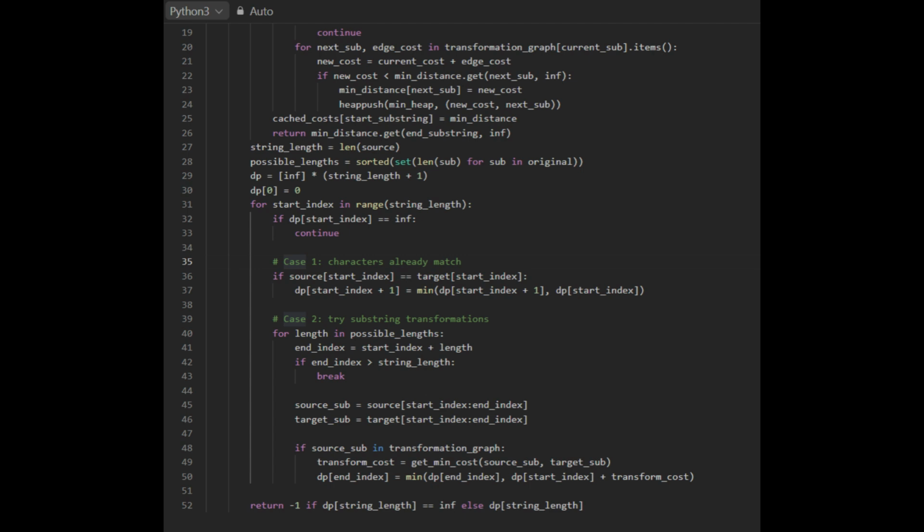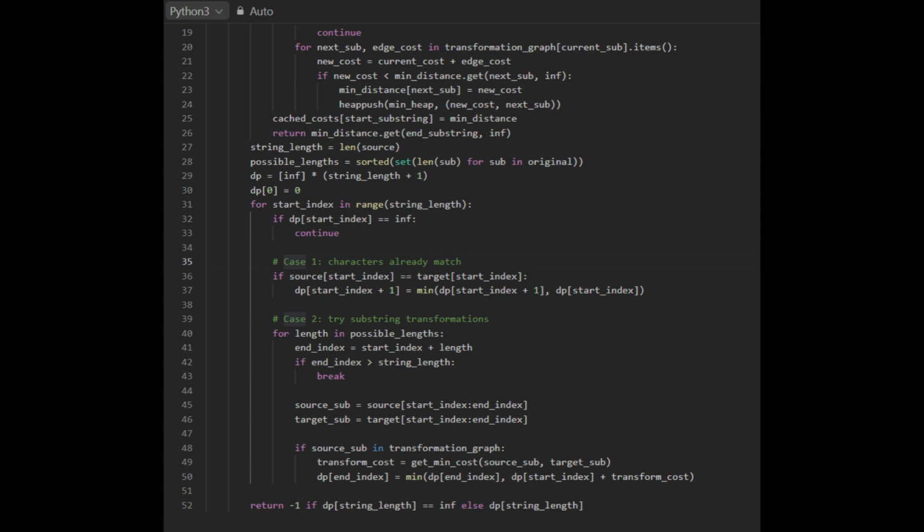Step 4. Dynamic programming setup. We define dp[i] equals minimum cost to convert source[0..i] to target[0..i]. dp[0] equals 0, converting an empty string costs nothing. We iterate from left to right. For each position, if characters already match, move forward with no cost.